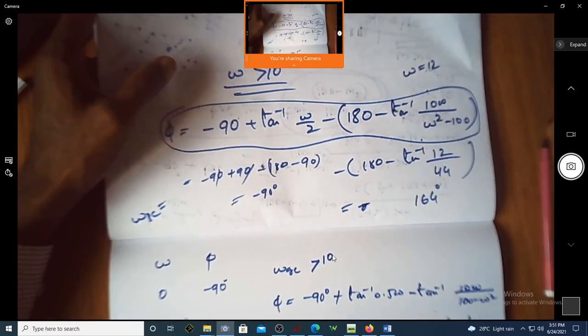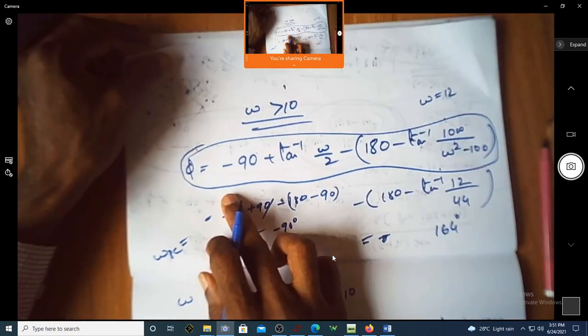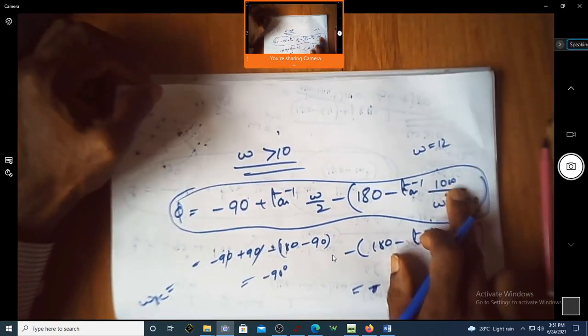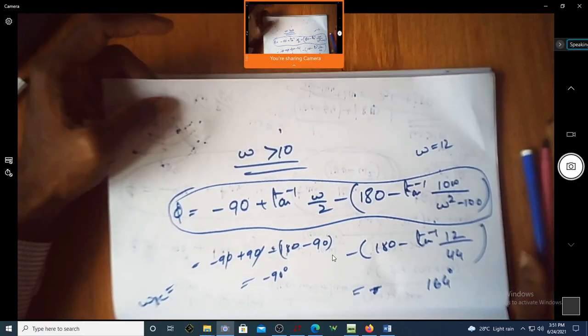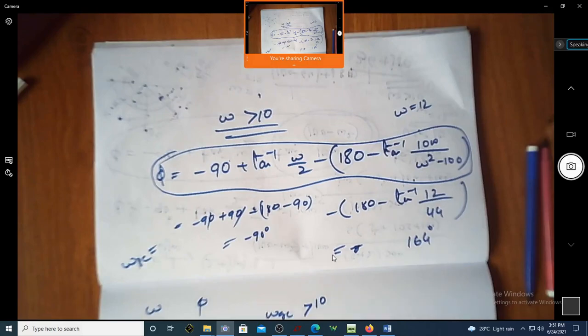Can you do that now? Substitute omega as 15.23 in this equation: minus 90 plus tan inverse of, minus tan inverse of. Just put omega as 15.23 so that it will be easy.